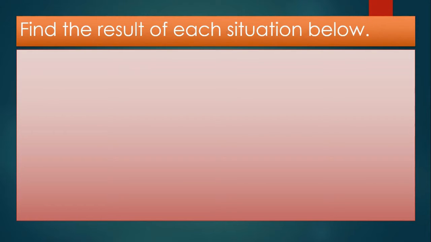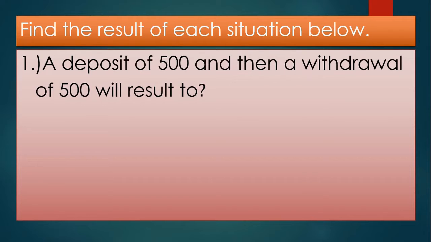Now find the result of each situation below. Say for example, a deposit of 500 and then a withdrawal of 500 will result to? After depositing 500, you withdraw it. So how much is your money?